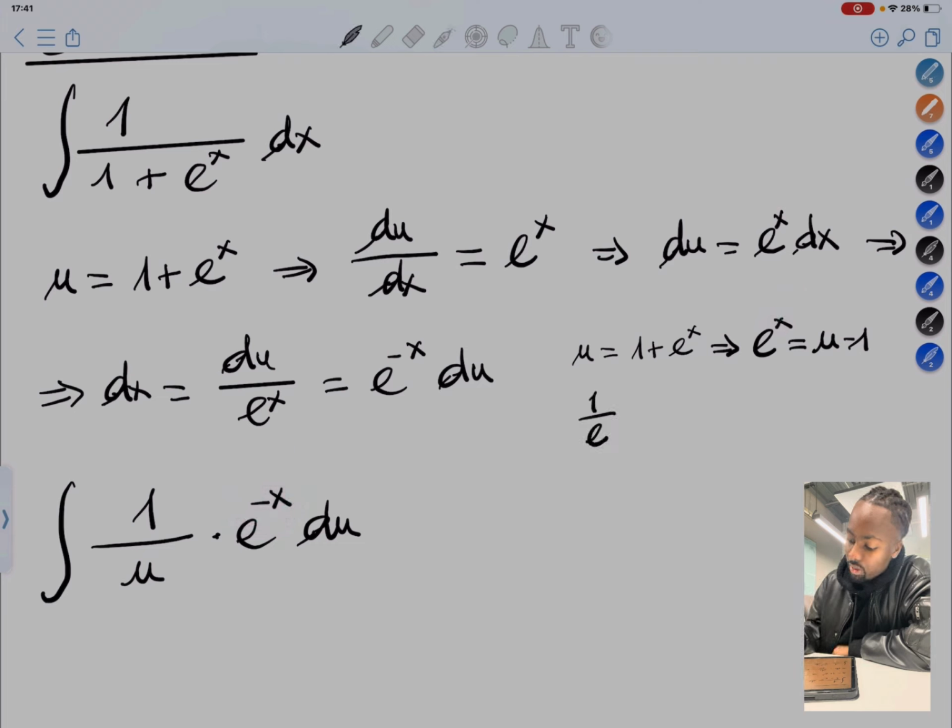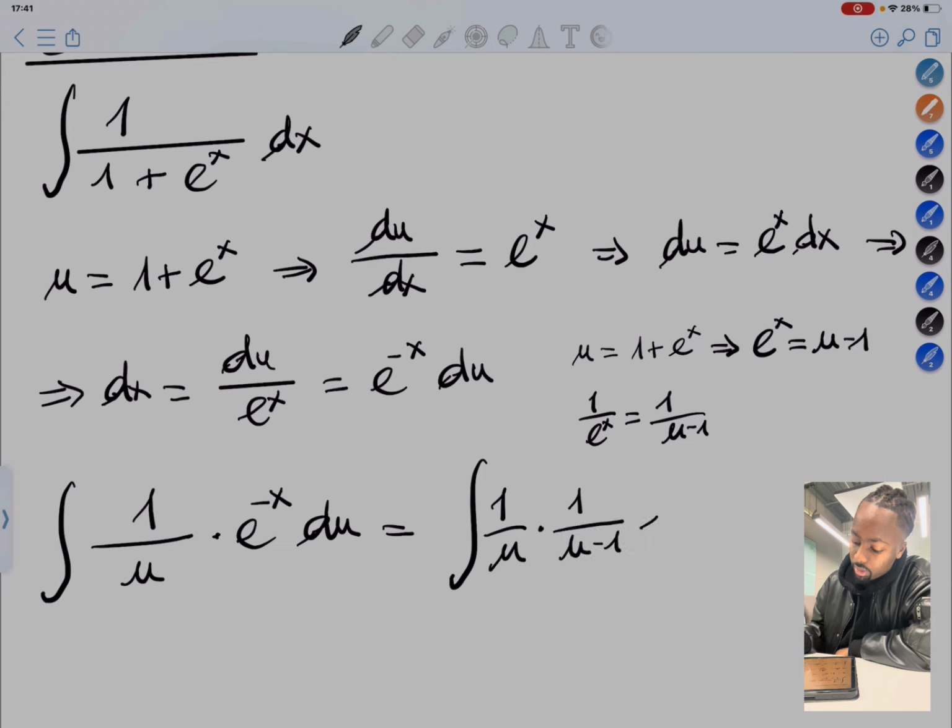So 1 over e to the power x would be 1 over u minus 1. So instead of having this, we can just write this. Then we're gonna have integral of 1 over u times 1 over u minus 1 du.